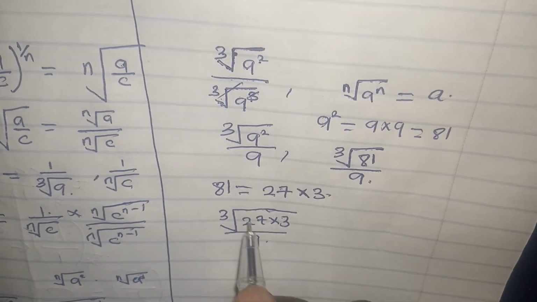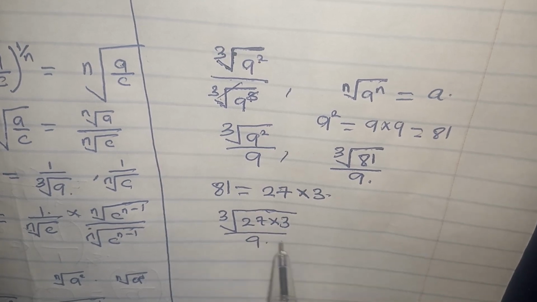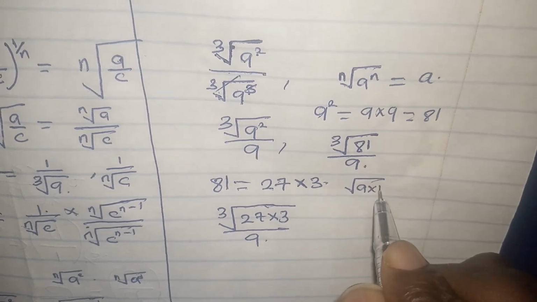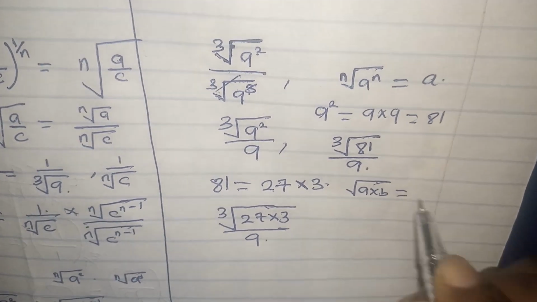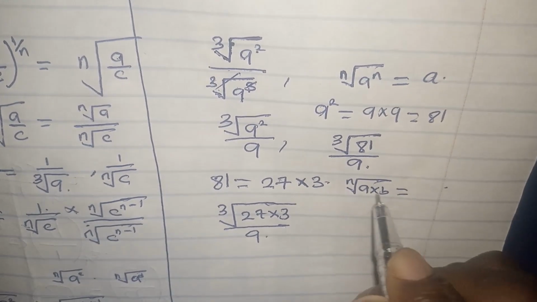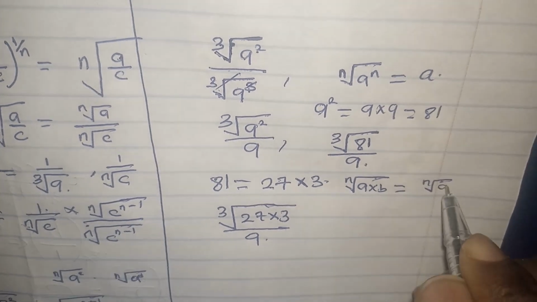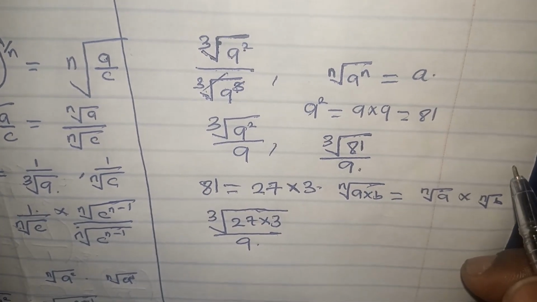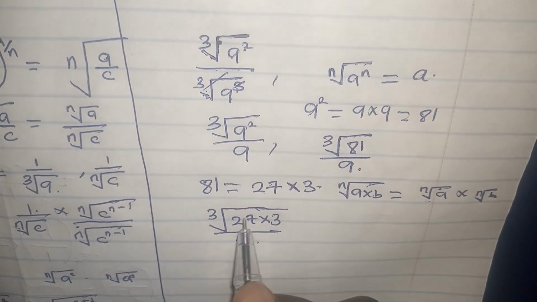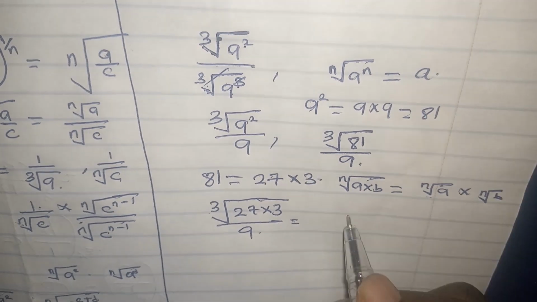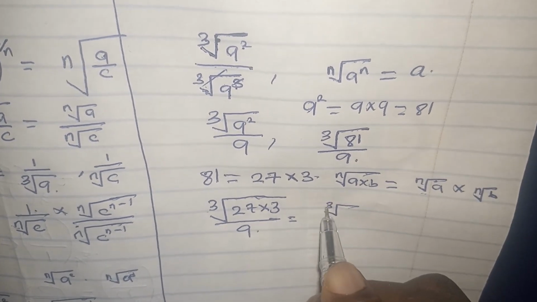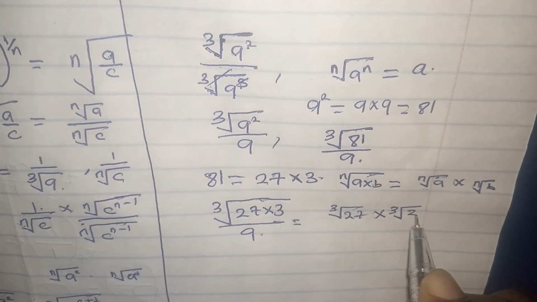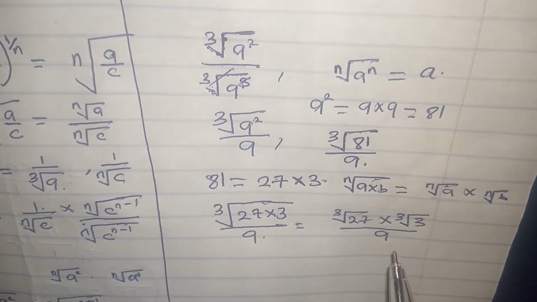Okay, so at this numerator we are going to apply the radical rule, which says the nth root of a times b is also equals to the nth root of a times the nth root of b. So if we put this rule at this numerator, we have this, which is also equals to the cube root of 27 times the cube root of 3 over 9.